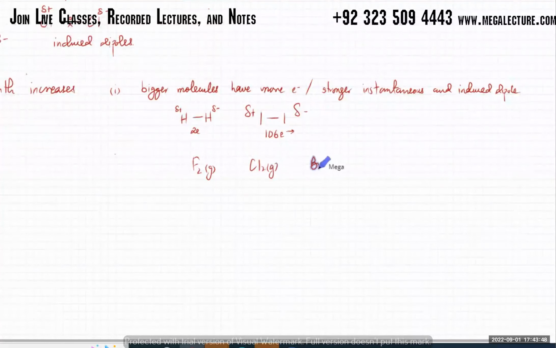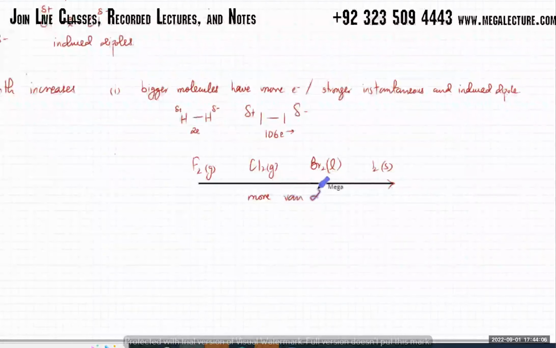Bromine happens to be a liquid. And iodine is actually a solid. So that means iodine has a lot stronger force of attraction. So bade molecules hote hain, they become solids. And the main reason is you've got more van der Waals forces. And you have more electrons, more instantaneous dipole induced dipole.